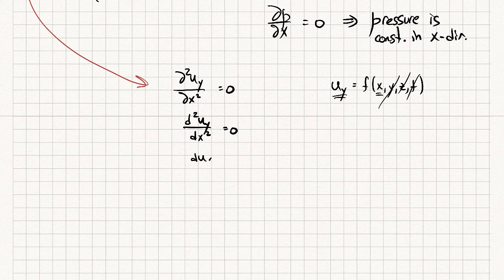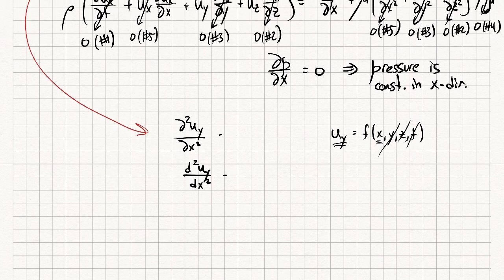We'll get du dx is equal to a constant. And then we integrate a second time. Oh, actually, you know what? I made a mistake here. This is not 0. Sorry about that. I should have been more careful.